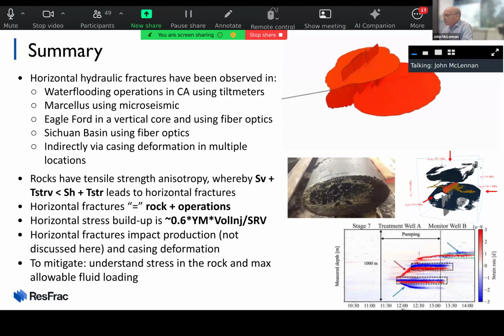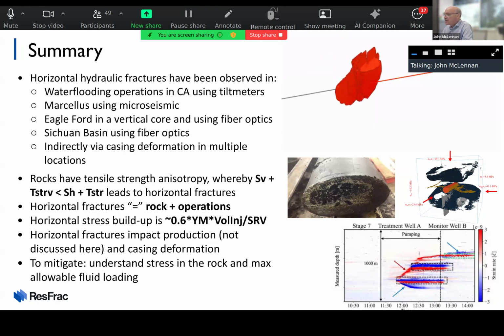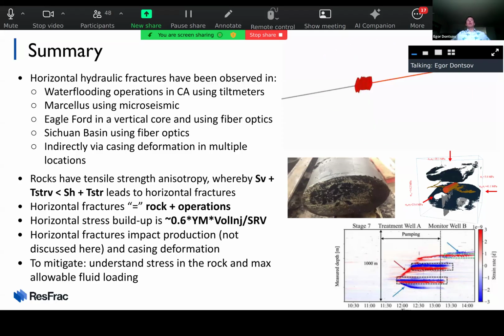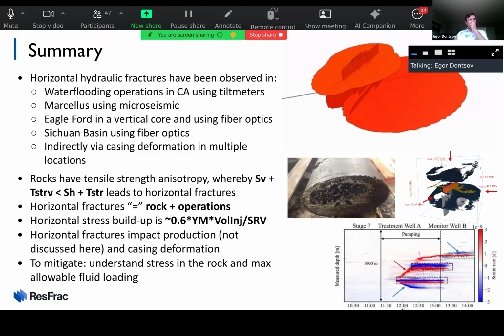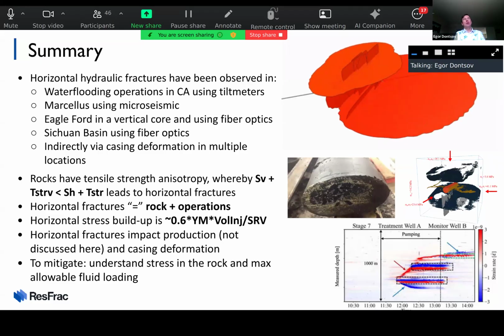And the second question, and Greg, I'll try and summarize it, is do you see any implications for wastewater disposal? Because it is coming up frequently from the perspective of seismicity. It's a good question. I never thought about it, but it could be, because again, we need to look at the rock.